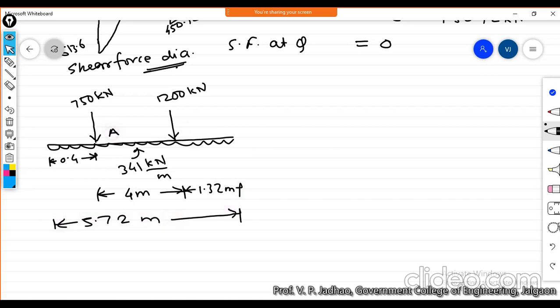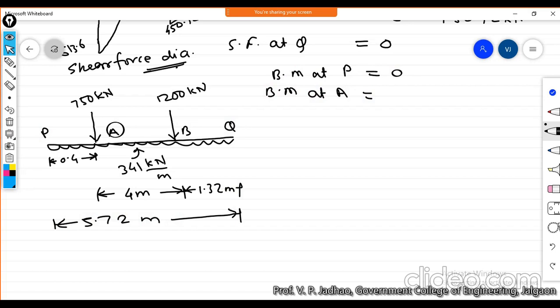This point is A, this point is B. Let us consider this as P and this as Q. Bending moment at P will be equal to 0. Bending moment at point A will be due to this 341 kilonewton per meter load only.